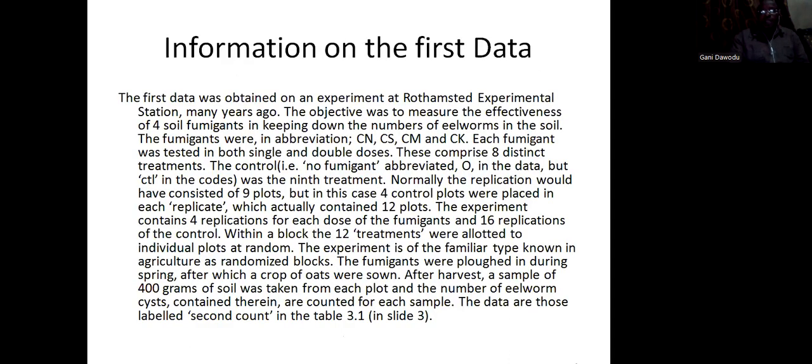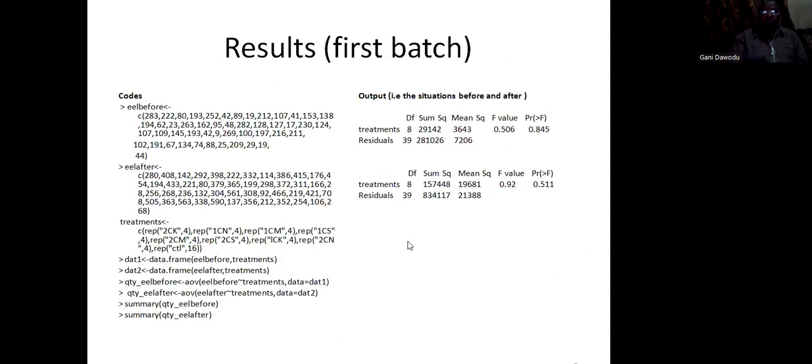The entire experimentation took place at Woodland State years ago. And the CN, CS, CM, CK are the abbreviations for the fumigants. Okay? The situation before is kept in L before.